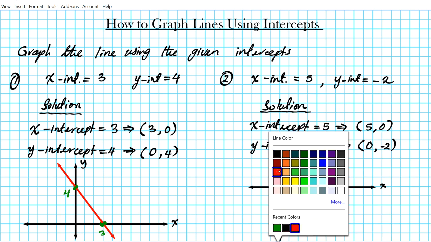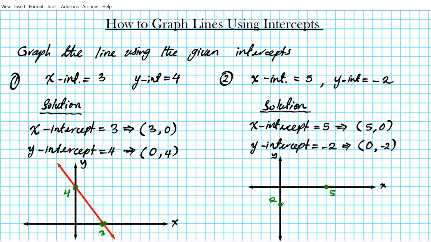Alrighty? So that will be the line with these intercepts. Alright, so let's go ahead and graph it. Looks something like that. All right, let's not forget the negative right here for the y.